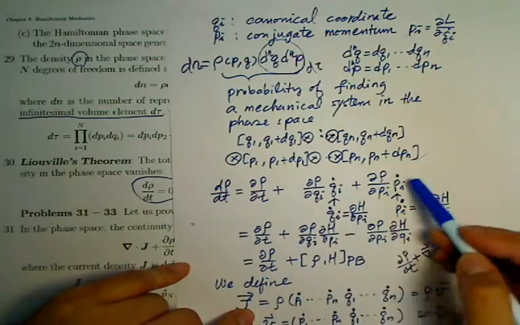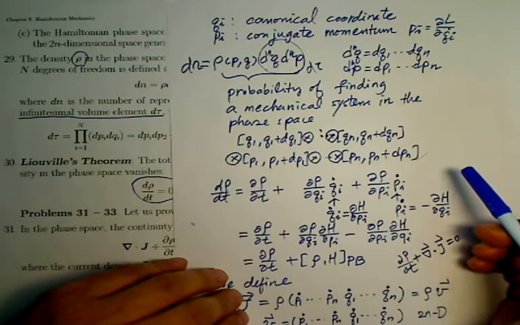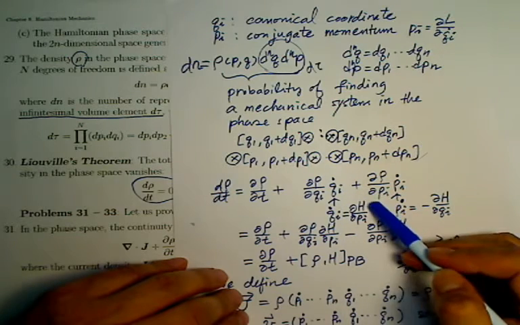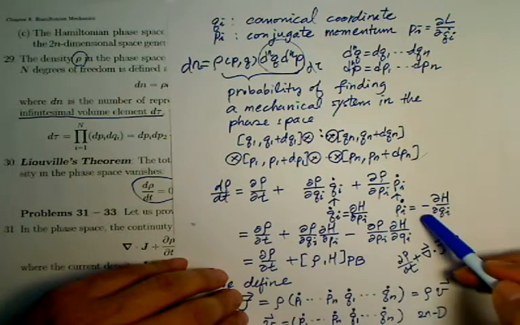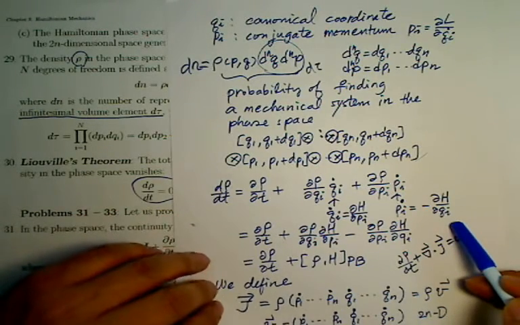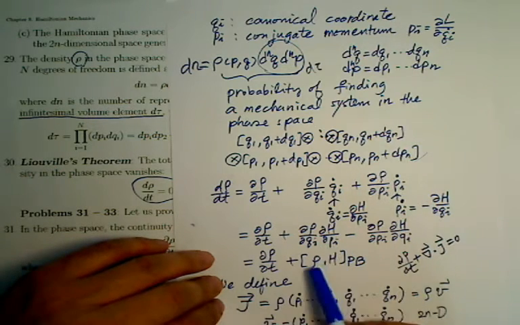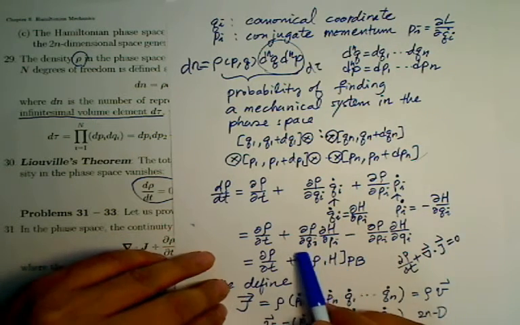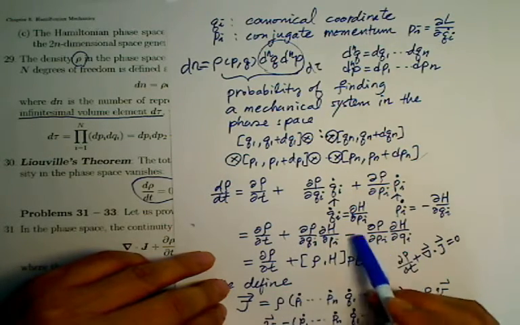Once q_i dot and p_i dot are obtained, we can apply Hamilton's equations. q_i dot is the Hamiltonian's partial derivative with respect to momentum, and p_i dot is minus the Hamiltonian's partial derivative with respect to the coordinate. If I substitute these in here and here, what we find is the partial derivative of rho with respect to p and q minus i.